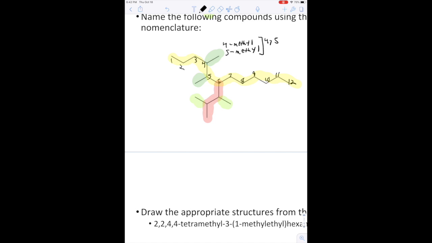This isn't a dash, this is a comma right here. Then there's a dash here, dimethyl. Perfect. Let's move on to our complex substituent.